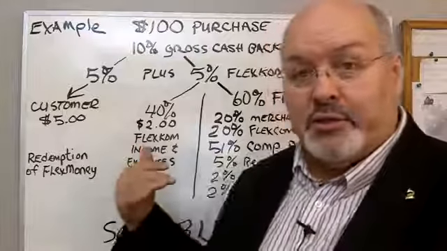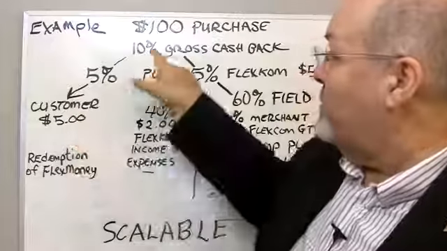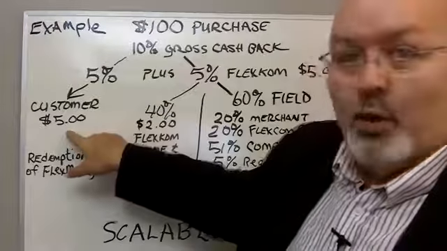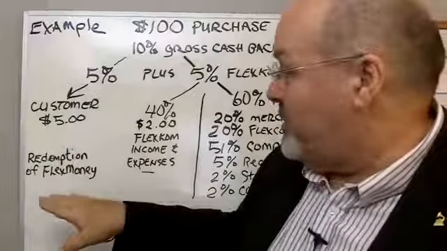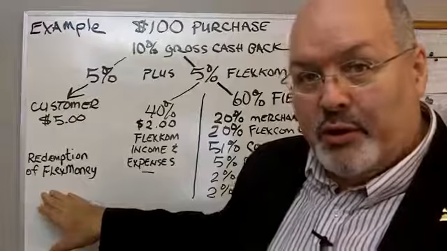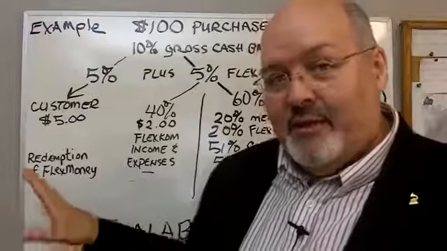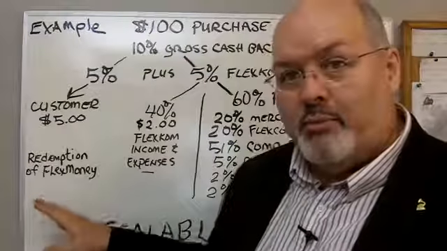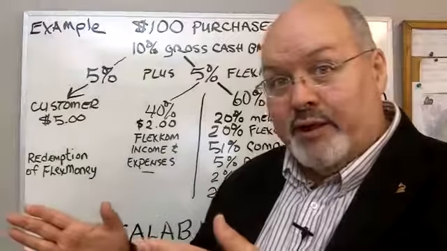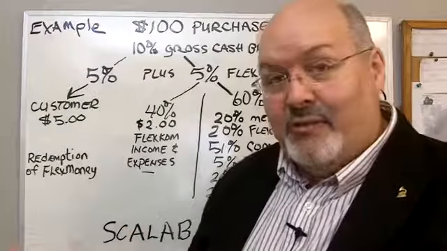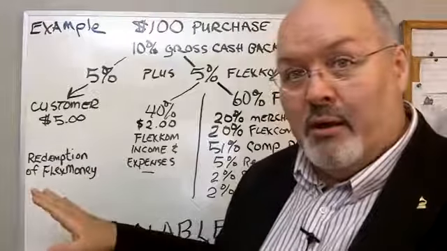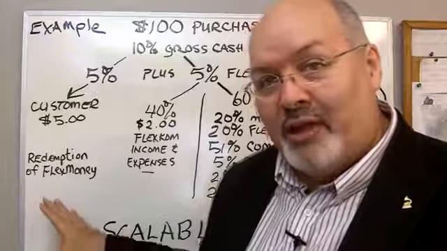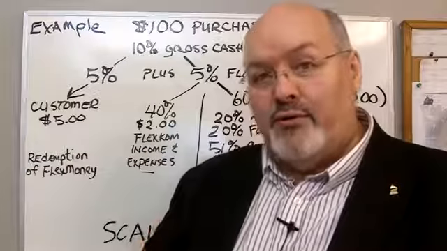But in this particular situation, that $5, the 5% or half of the gross cash back, gets into the customer's wallet, and if he spends that money with the butcher, then at the end of the day, Flexcom looks at his account and says, okay, the butcher took in X number of dollars of flex money, and the Flexcom computers drop the equivalent amount of cash into the account of the merchant.